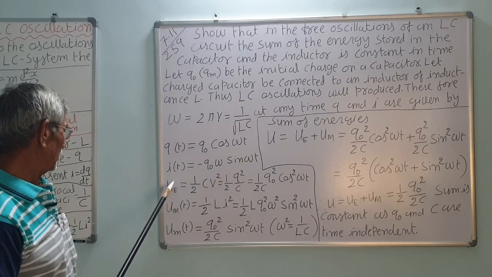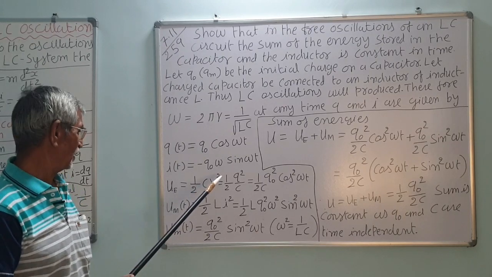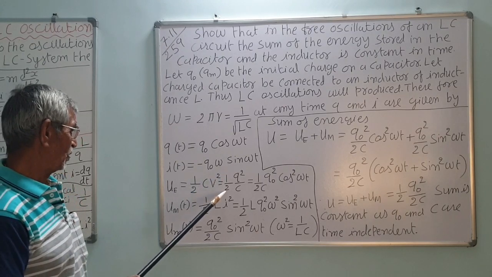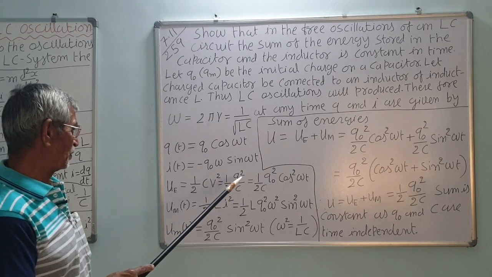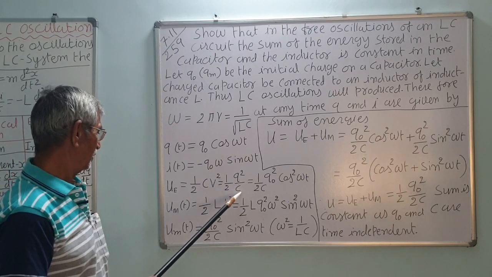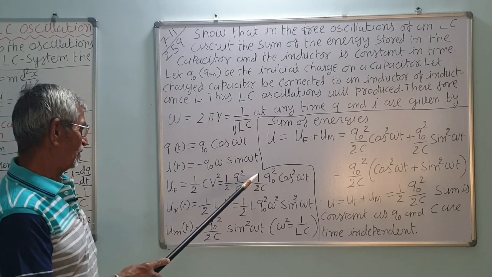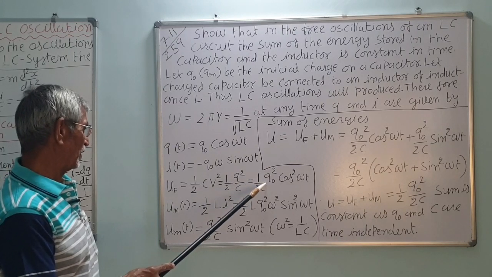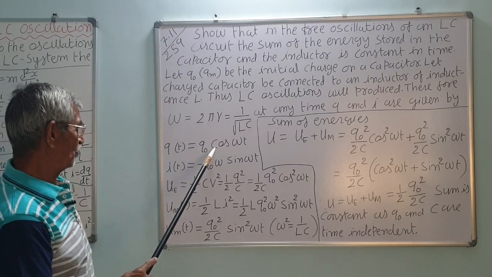So, the electrical energy is given by the equation half C V square, as we have studied, that is equal to half Q square by C. The value of V we have put in terms of Q. So, half Q square by C is equal to 1 upon 2C Q0 square, since Q is equal to Q0 cos omega t.